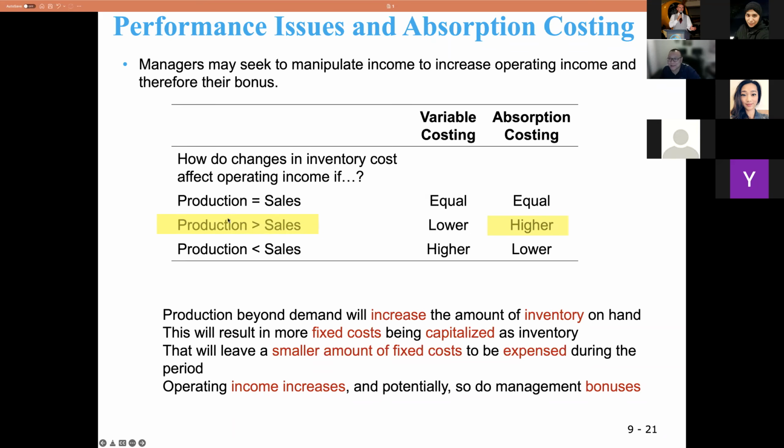No, they will not, right? Does that make sense? So for external reporting purposes, you have to use absorption costing. But since performance evaluation is an internal thing, you can definitely use variable costing, right? Does that make sense?